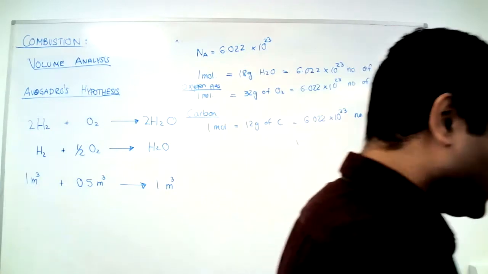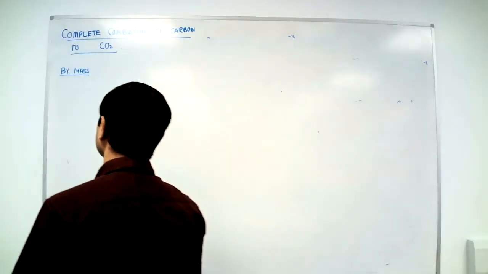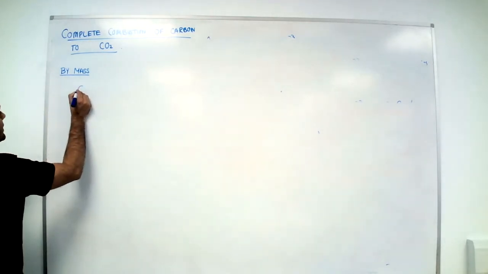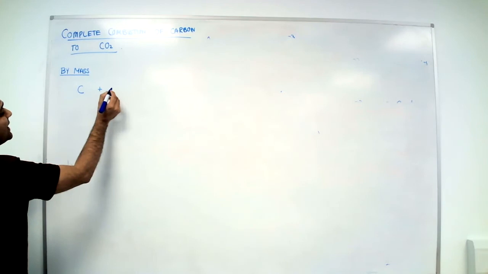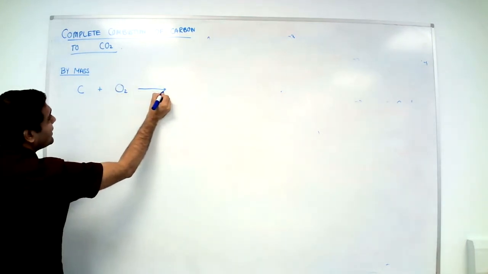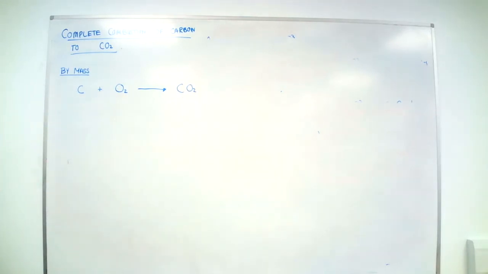Let's do one numerical question. We're doing the mass analysis. Let's say we got the carbon. It's complete combustion, which means oxygen is available in excess and it will form carbon dioxide.